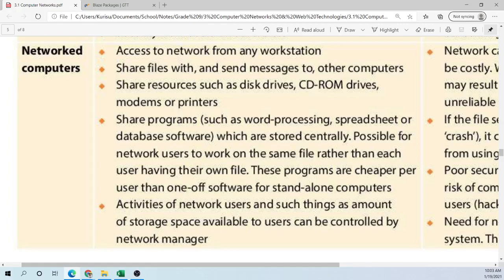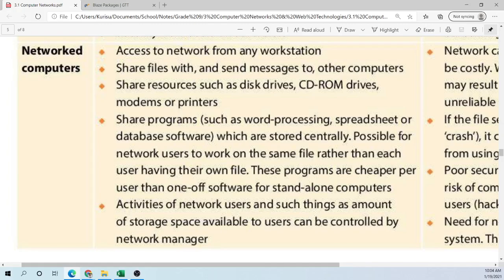Access to network computers from any workstation. Share files with and send messages to other computers. Share resources such as disks, drives, CD-ROM drives, modems, or printers. Share programs such as word processing, spreadsheets, or database software, which are stored centrally.